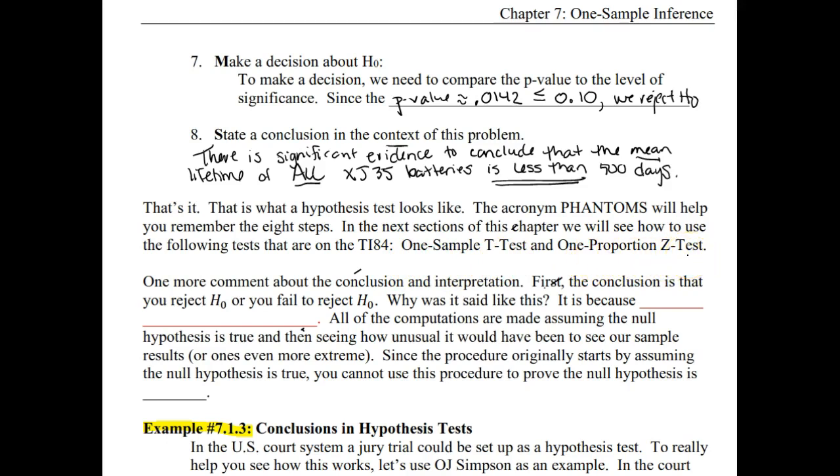One more comment about the conclusion and interpretation. The conclusion is that we either reject H0 or we fail to reject H0. Why was it said like that? It's because we never accept the null hypothesis.